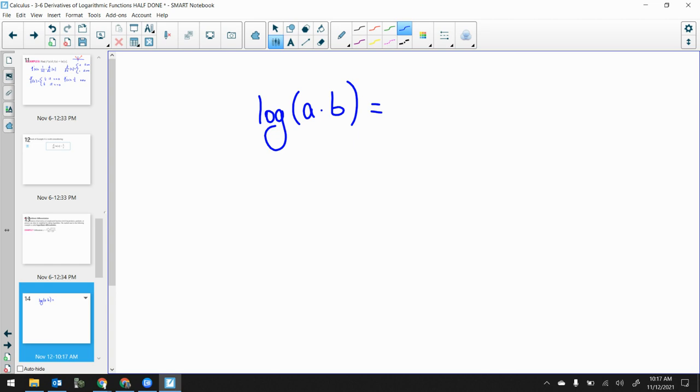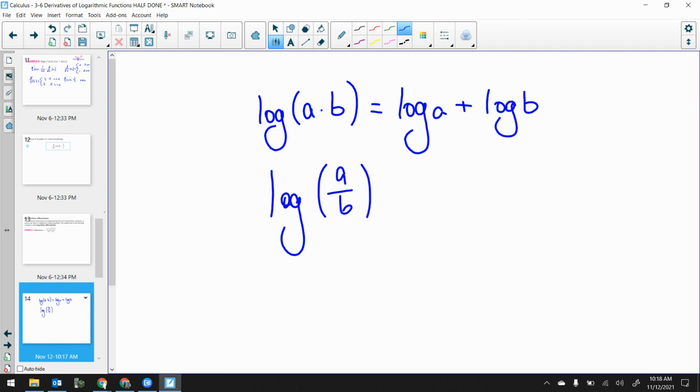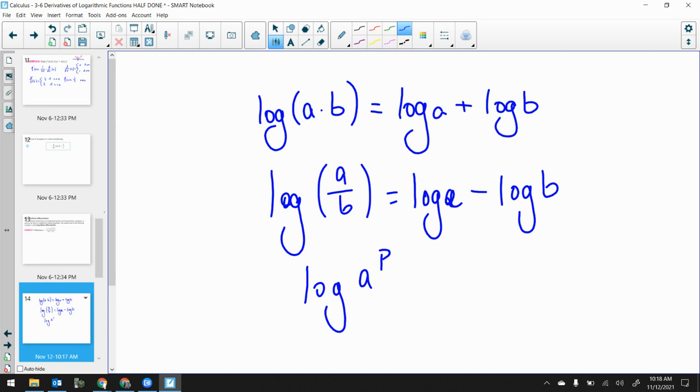Log A plus log B, but base whatever. What about log A over B? Log A minus log B. And then remember, if I've got log A to the P power, what can I do with that P?